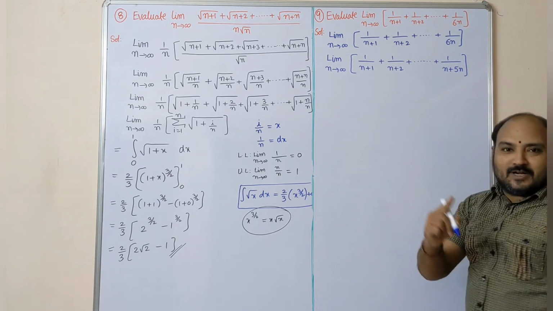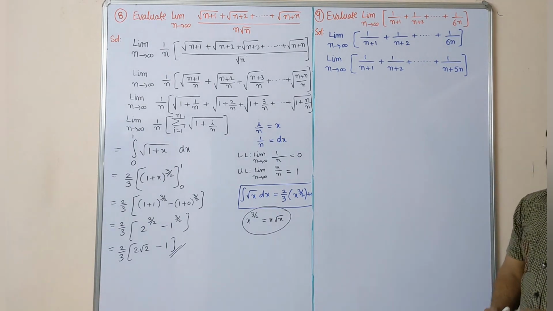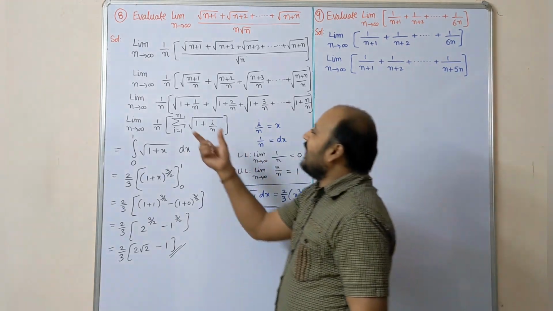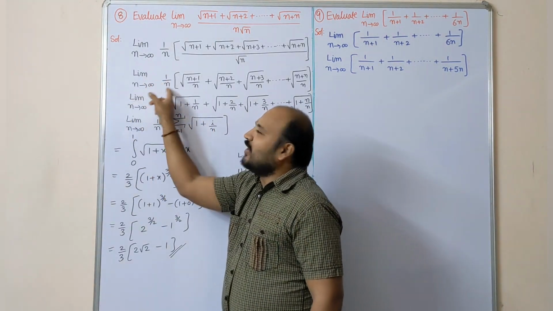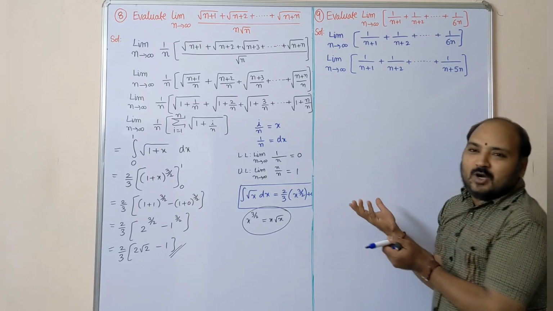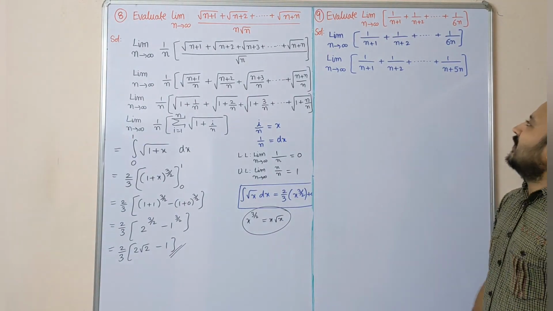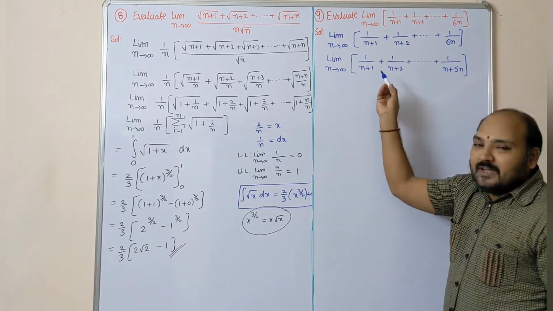I hope everyone understands. Generally after the limit n tends to infinity we need to get 1 by n, but here 1 by n is not there. We want to get it, so from here take n out common.